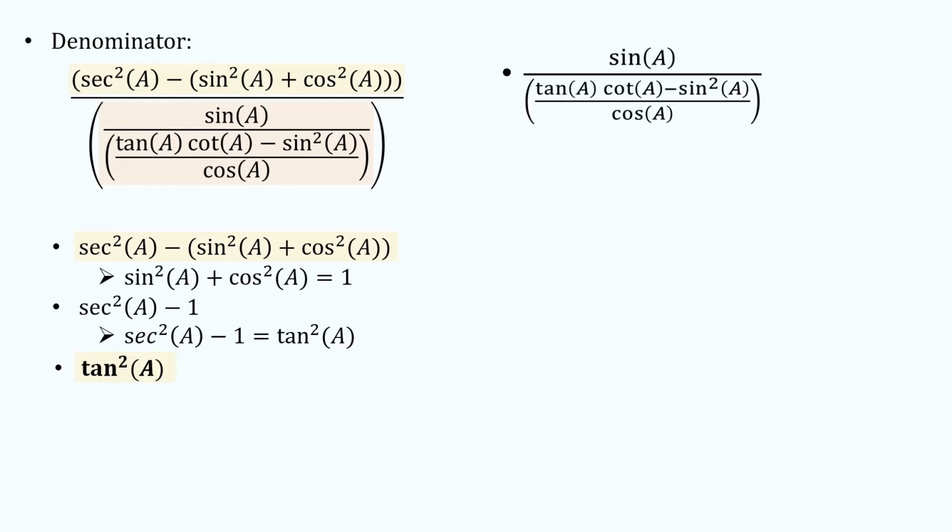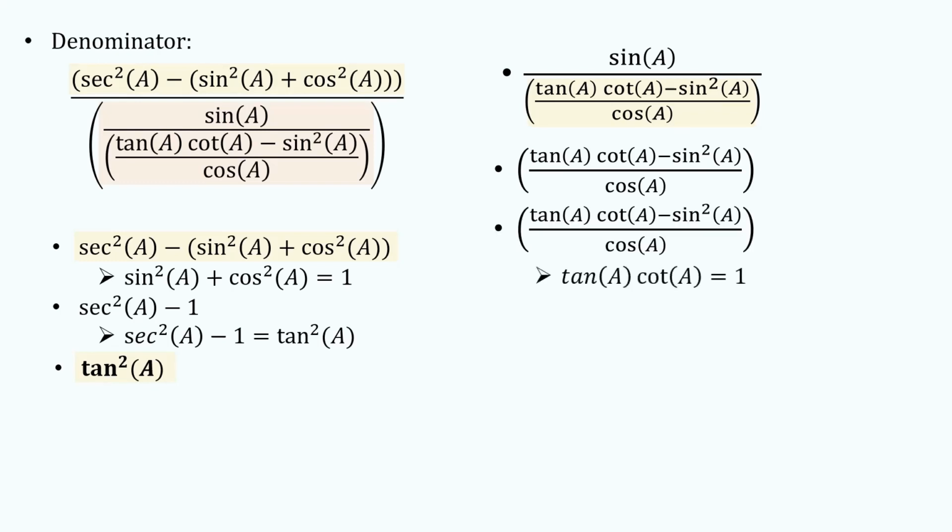Simple as that. Moving on to the orange strip, which is denoted here. Of course, seeing this, it is also a fraction, but we're first going to simplify the numerator. The tangent of A multiplied by the cotangent of A, a term multiplied by its reciprocal, would always result in 1. Therefore, we can conclude that the numerator, simplified, is equal to 1 minus the square of sine of A, while the denominator remains untouched.